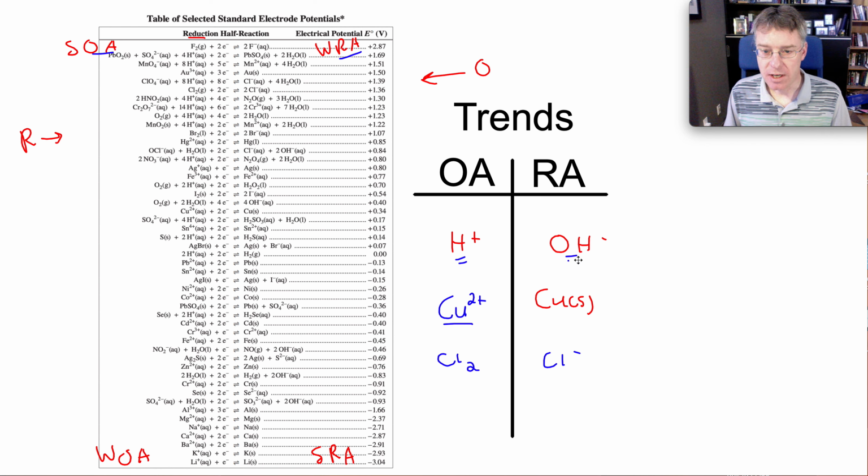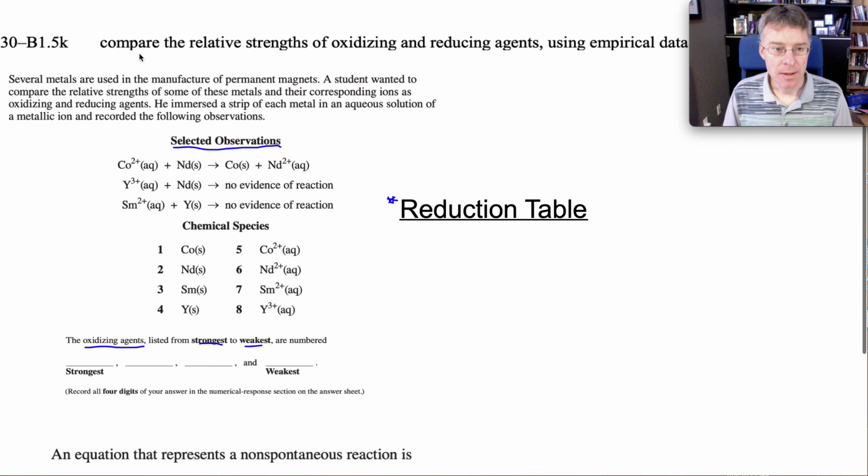We always see hydroxide on the RA side, and more important, metals are always on the RA side, so elemental metals. Metal ions are mostly on the OA side. There are some exceptions, but this one is a nice starting point. We're going to use that in this example.